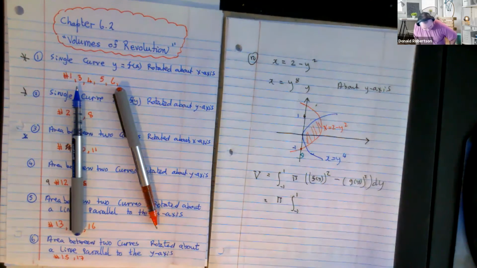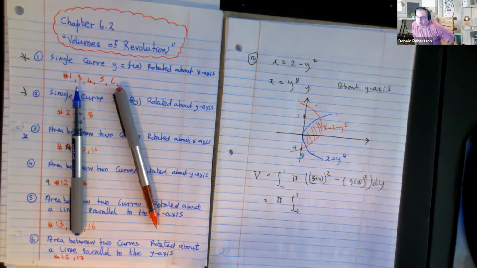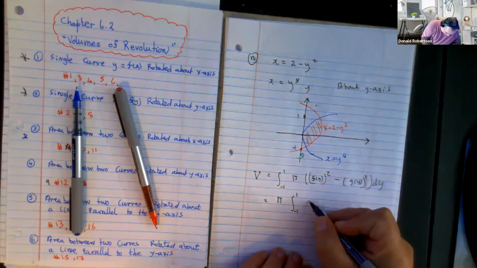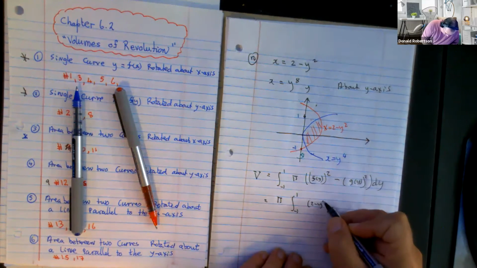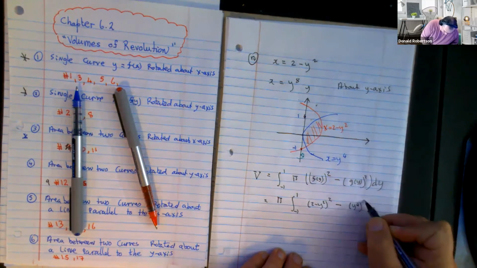Okay, you only got one decision here. Red guy or blue guy? Who is f of y? Red guy. Red. You all comfortable now? I know you've only seen a couple, but is it kind of obvious how you know first f and second g? So this is going to be 2 take away y squared, squared, subtract y to the 4, squared, dy.